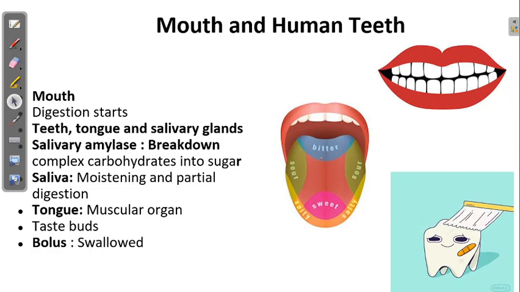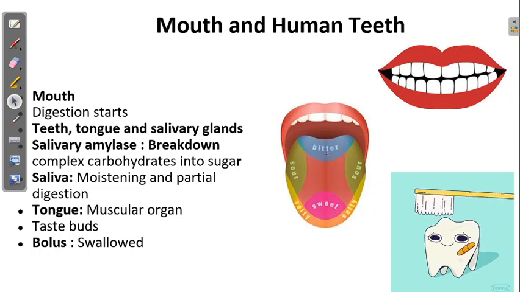Bolus is a ball-like structure of the partially digested food being formed in your mouth. And then that bolus passes to the next part of the digestive system, that is the esophagus. So the three functions of the tongue are that it helps in taste, speech, and formation of bolus.